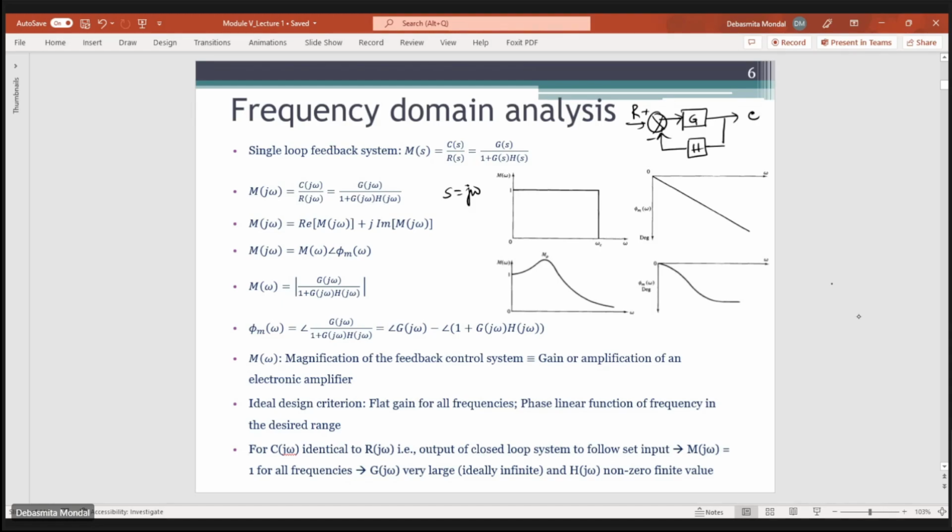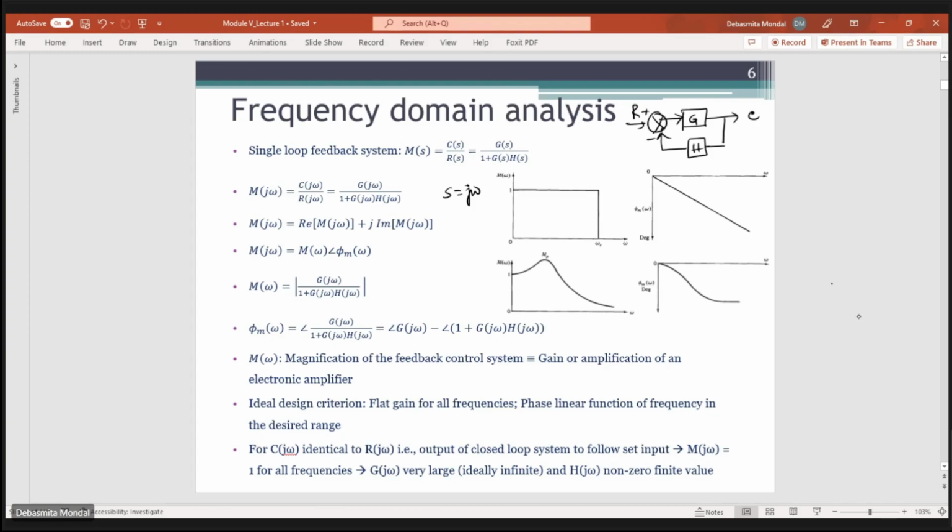Then we would want our system to have a flat gain of 1 within this range, right? And correspondingly the phase response should also be a perfectly linear phase response in that frequency range.